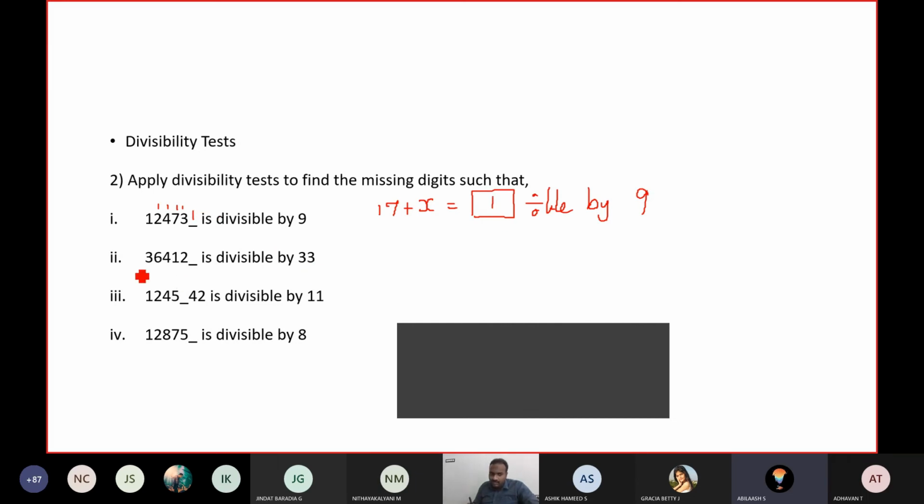Now here's the second question. 3, 6, 4, 1, 2, and let's say the missing number, it's again a 6-digit number and it is divisible by 33. What is the divisibility rule of 33, guys?